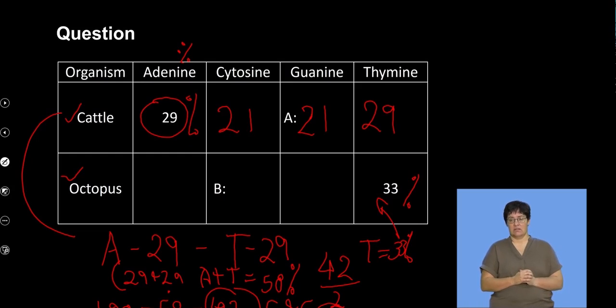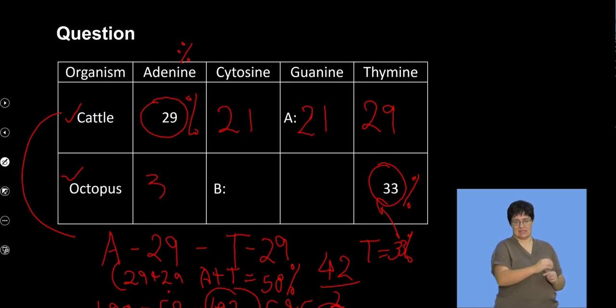And if we now apply the same rationale to the octopus, we know that the octopus contains 33% of thymine, and we can quickly enter this on the table that there's a proportionately equal amount of adenine. If we now add that up, we get 66%. So 33 plus 33 is 66.